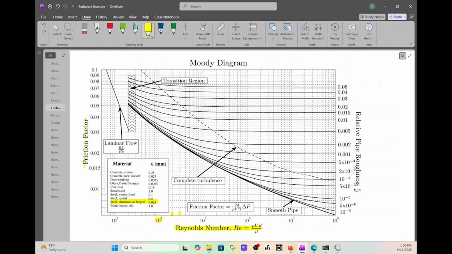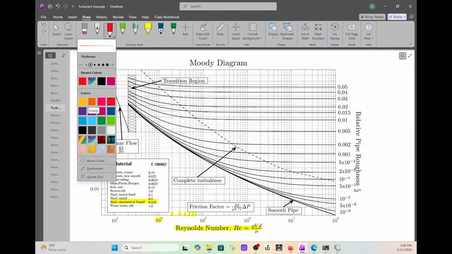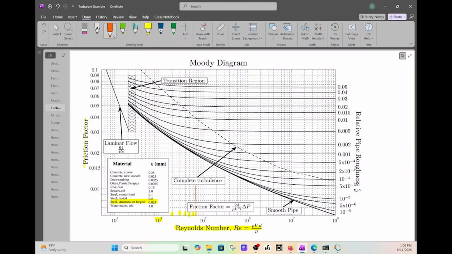This line is 2, 3, 4, 5, 6, 7. Okay, so we're right there. So let's do an orange line, and we're going to draw a line straight up. Okay, we have our Reynolds number. And then our epsilon over D value was what? About 1.5 e to the minus 4.